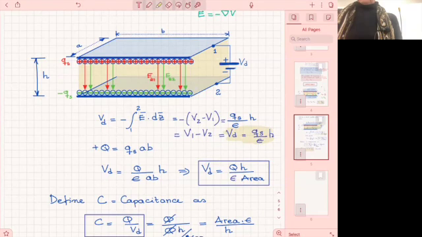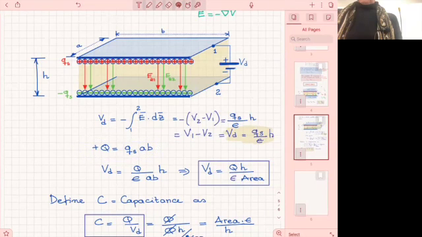So what is the total charge on each one of these planes? Since it's uniformly distributed, as we assumed, it is the area of each plane multiplied by the charge density. And that gives us the total charge, positive on the upper plane, negative on the lower.